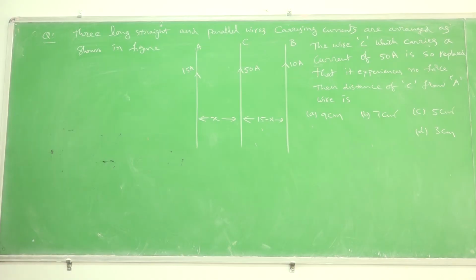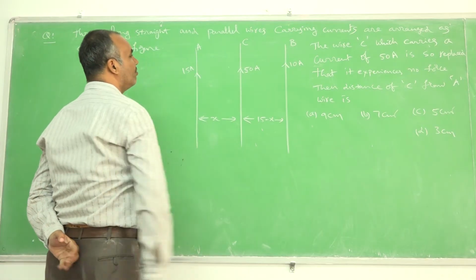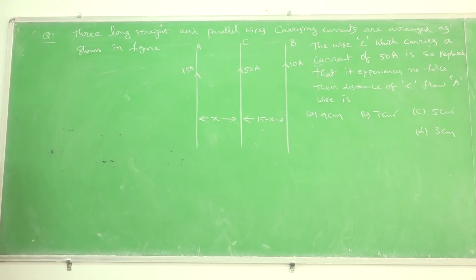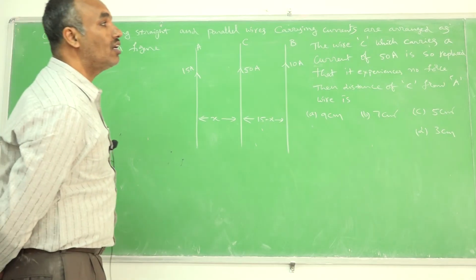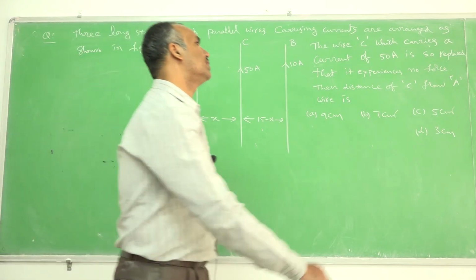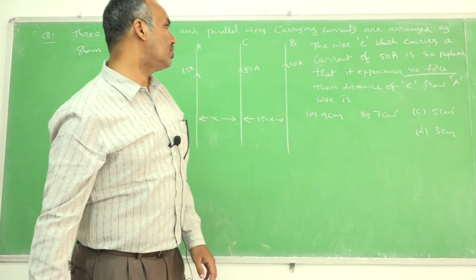First of all, let us try to understand the question. There are three conductors A, B, C. A is carrying 15 amperes, B is carrying only 10 amperes, C is carrying 50 amperes. The wire C, which carries a current of 50 amperes, is so placed that it experiences no force.